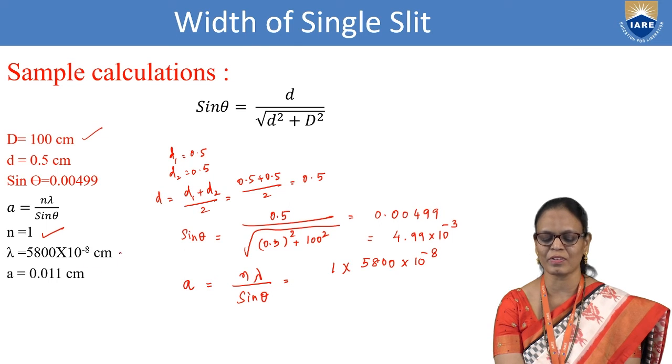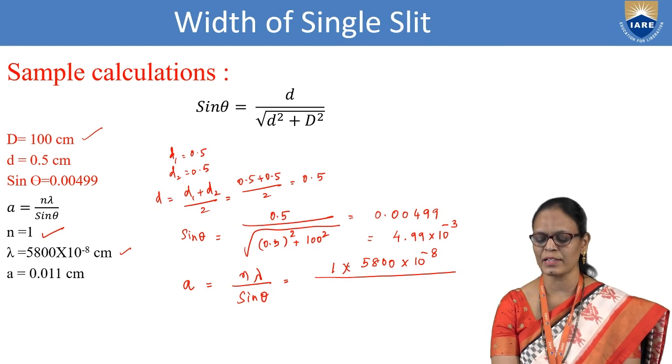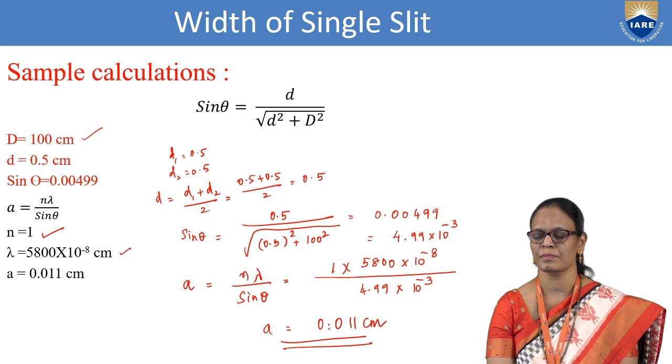So we are taking the wavelength also in centimeters. So 1 into 5000 into 10 power minus 8 is the value of n lambda, divided by sine theta, which we got as 4.99 into 10 power minus 3. This gives us the value of a as 0.011 centimeter. So this is the width of the slit.